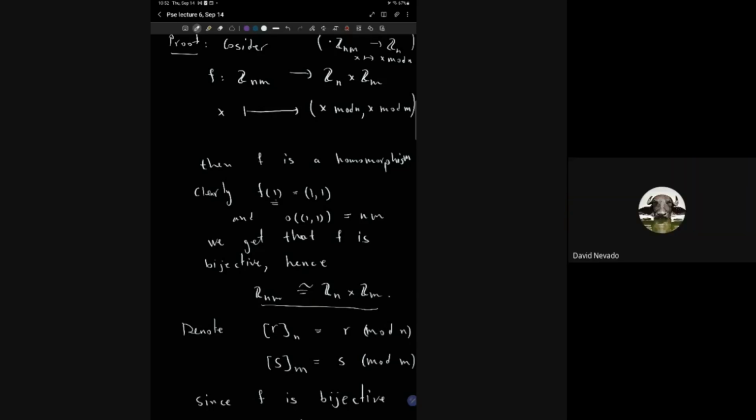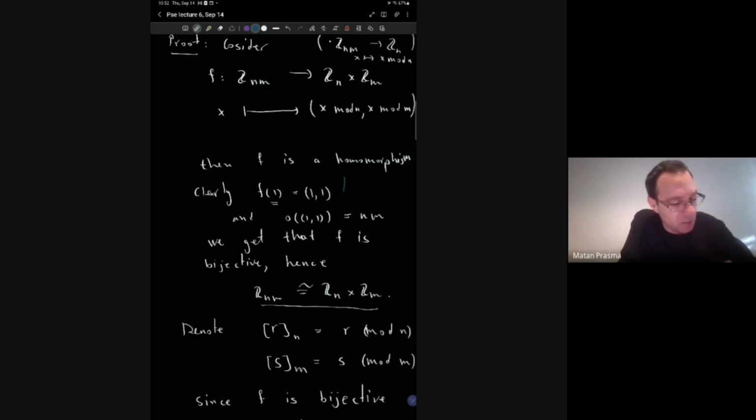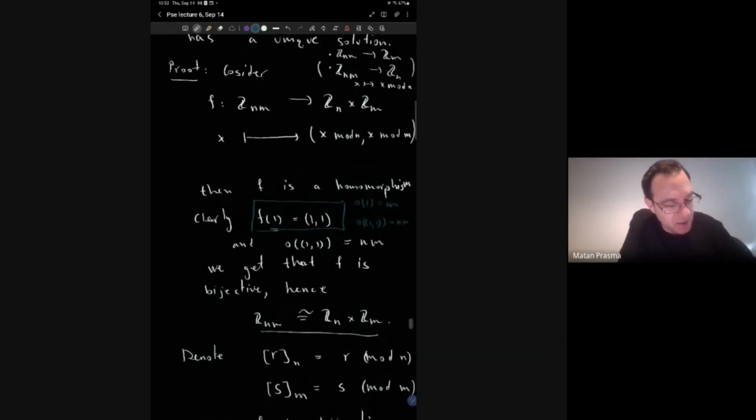And to see that it is bijective, this yellow box tells you everything, because the element 1 has order nm in the integers modulo nm, and the element (1, 1), by a result we proved, also has order n times m, because the GCD of n and m is 1.